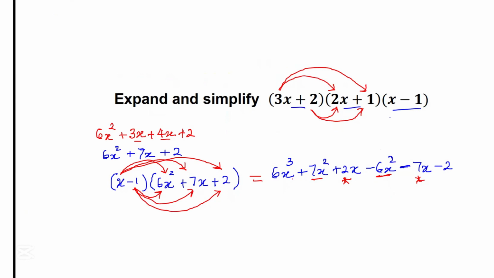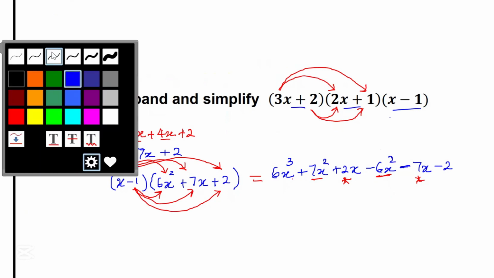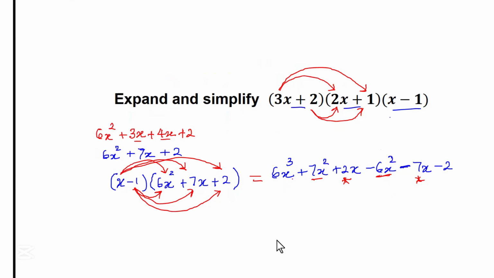So we have to rearrange the expression by writing 6x to the power of 3 plus 7x to the power of 2 minus 6x to the power of 2 plus 2x minus 7x minus 2.